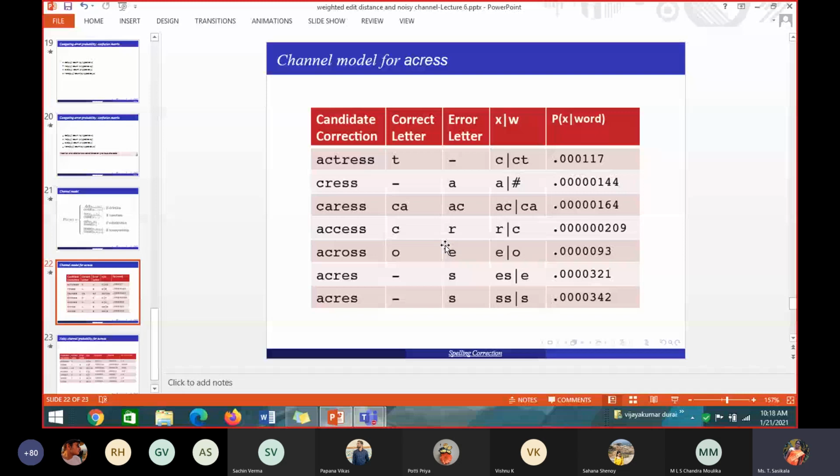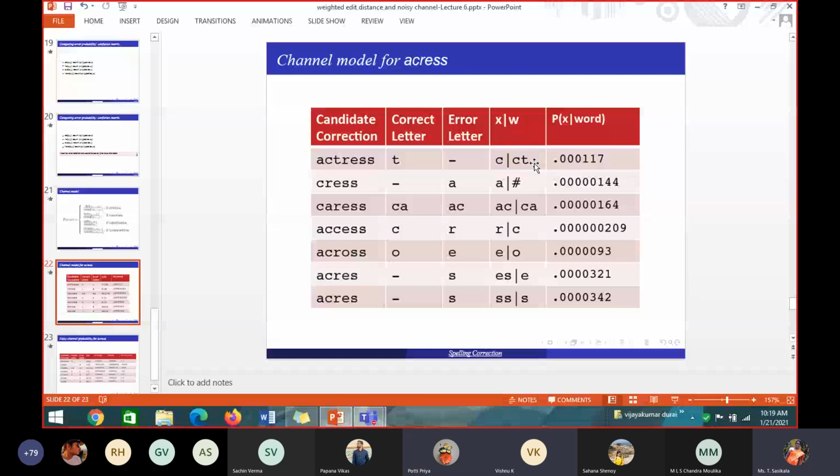So now you see P of X given W we have to calculate, that is X given that word. For the first thing, what is replaced by what? C given CT means what is the probability that C is replaced by CT.